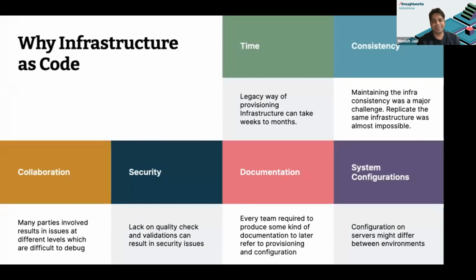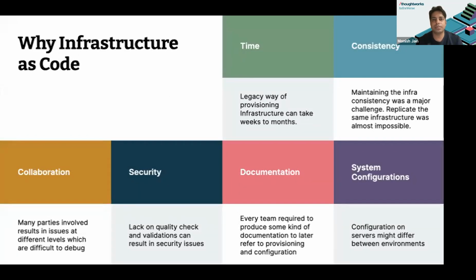As we all know, we also have some understanding of why IaC is important for any project or any organization. Starting with time, when we do all this infrastructure creation and provisioning manually, it takes much longer compared to code. Code can reduce the time multifold, from weeks or months to hours.